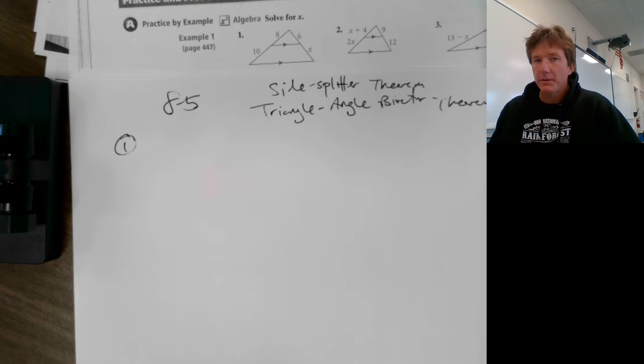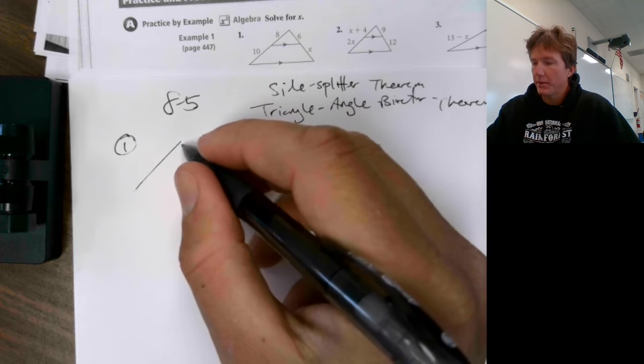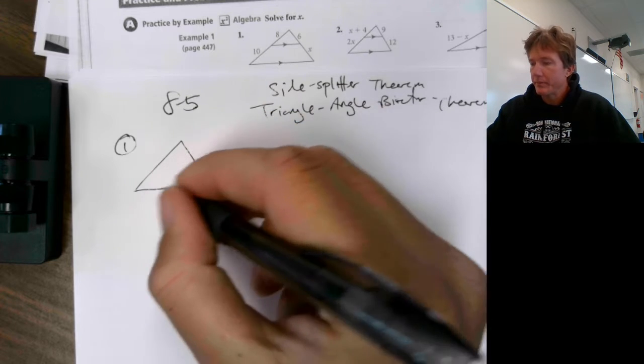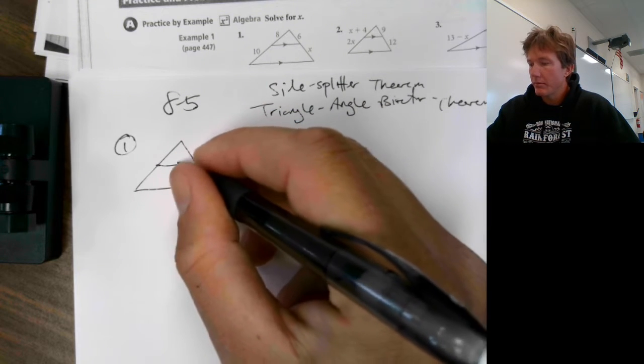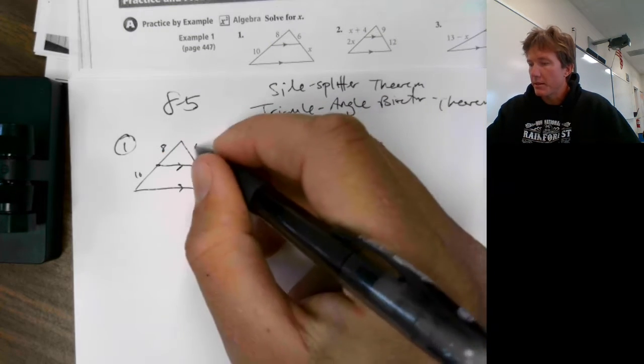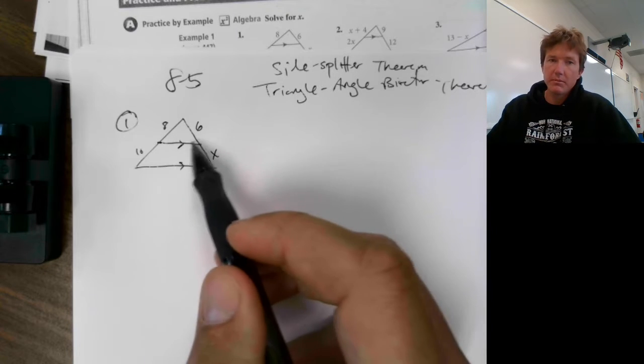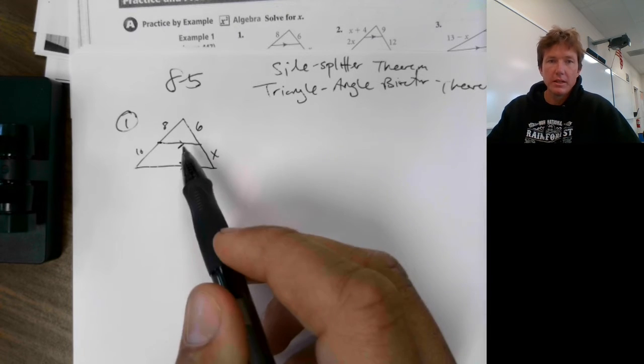So what the Side-Splitter Theorem does is, if you have parallel lines here, these are parallel. What it does is it makes a good proportion from this top triangle to the overall larger triangle.